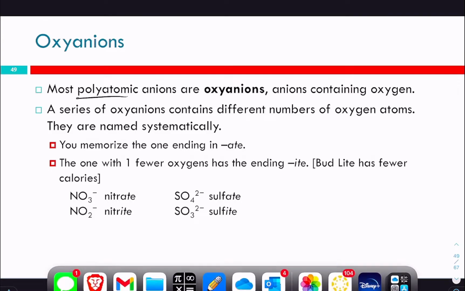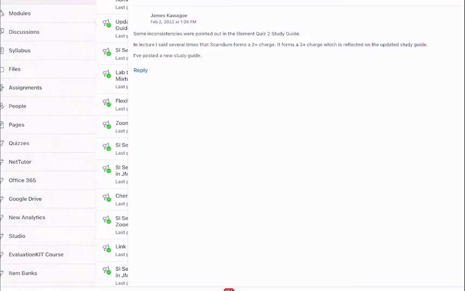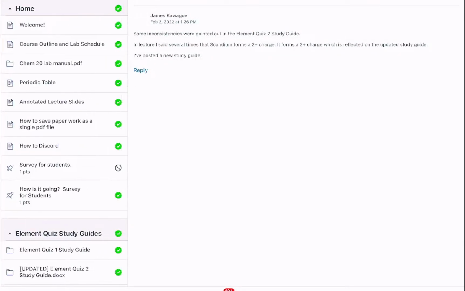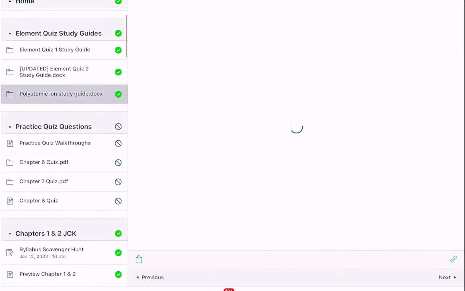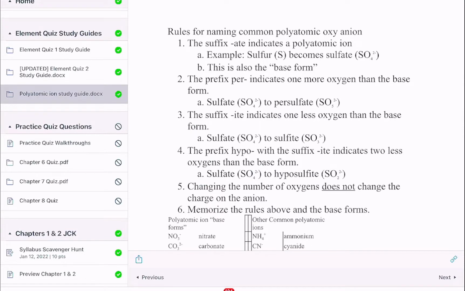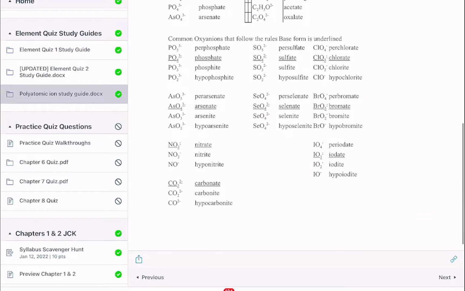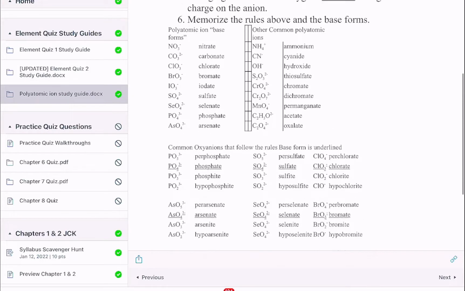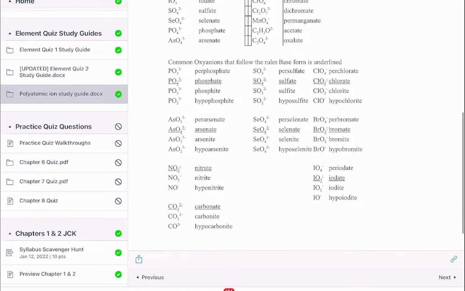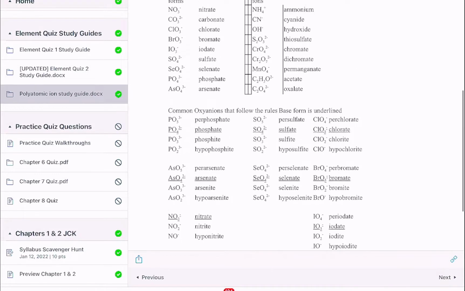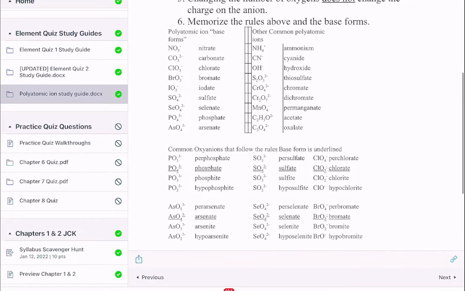Actually, I'll flip over to this real quick, because on here, the Polyatomic Ion Study Guide has all of the oxyanions, and a lot of the other polyatomic anions that you're going to need to know. So this will be another one of these element quizzes in 2 weeks, after the exam.